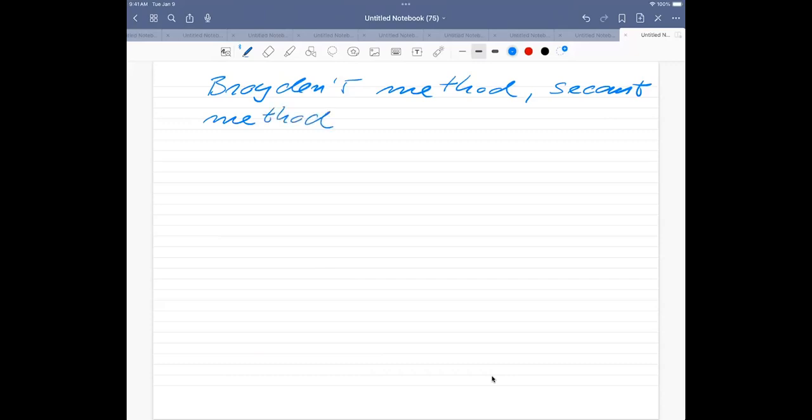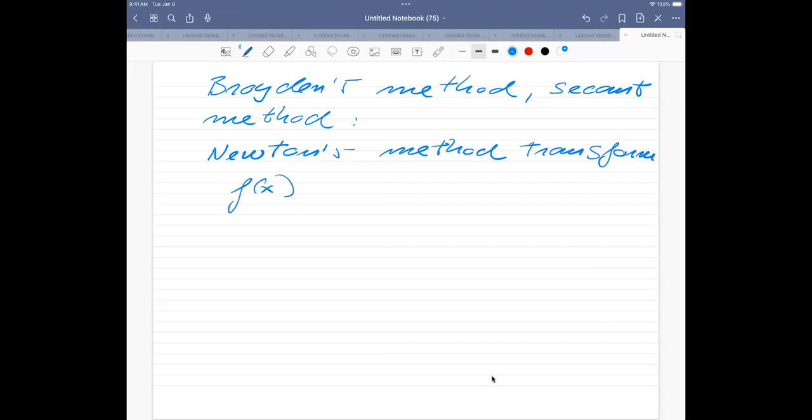So let's look at the secant method first, because that one is used in Broyden's method. When we look at Newton's method, I'm just going to repeat some of the basics here. What Newton's method does is to transform an equation where we want to find the roots, f of x, into what we normally call in mathematics a fixed point problem.